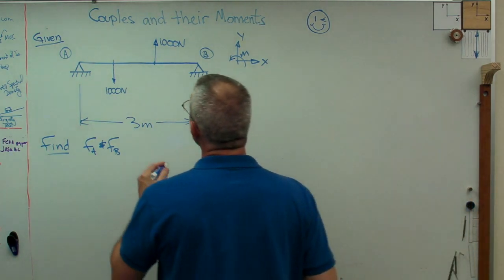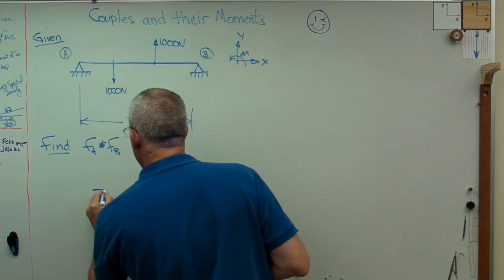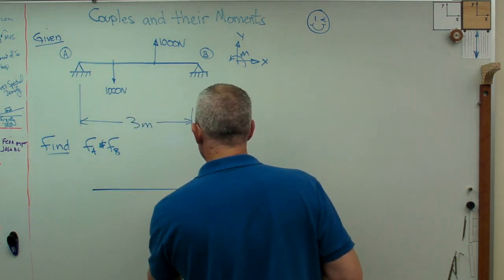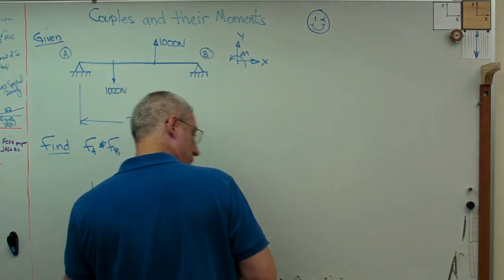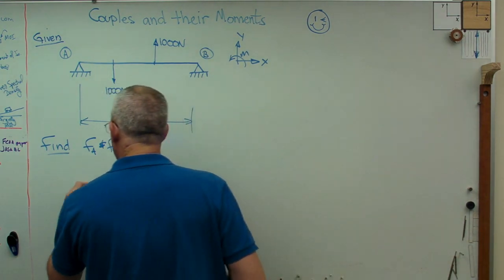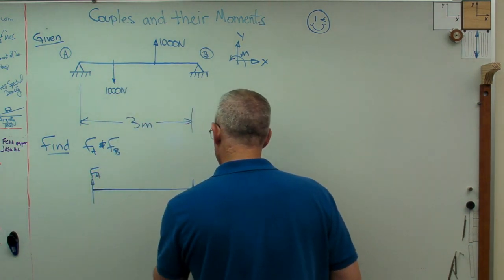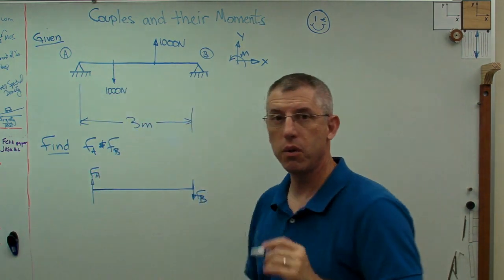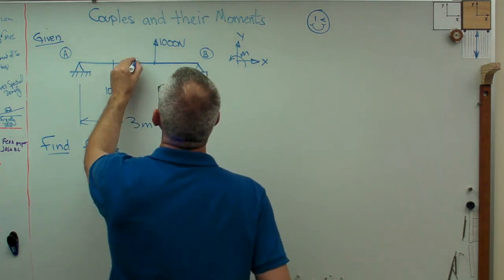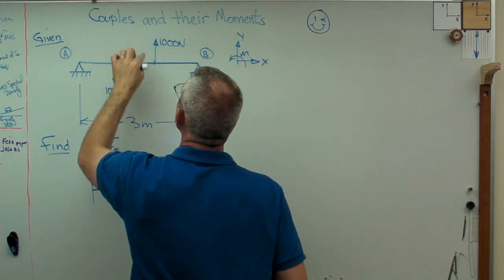So what I can do is draw this same beam here. So here's my free body diagram again, but I'm going to make one change. I'm going to shift this force over to the center.